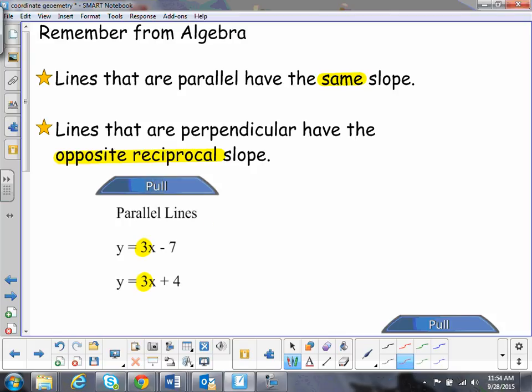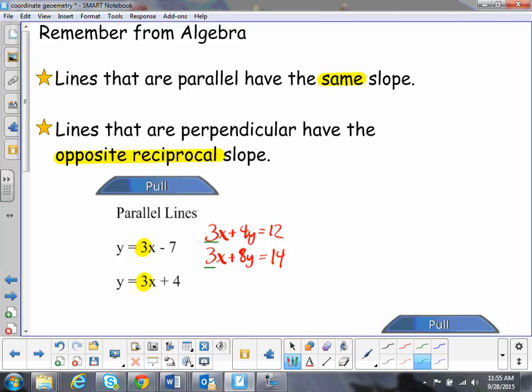Look at this that I'm going to write. So they look at those two equations right there, and then they say, oh, this is a 3 and this is a 3. Those lines are going to be parallel.